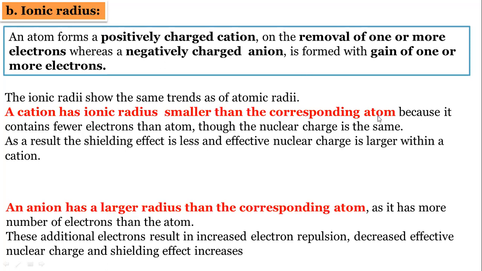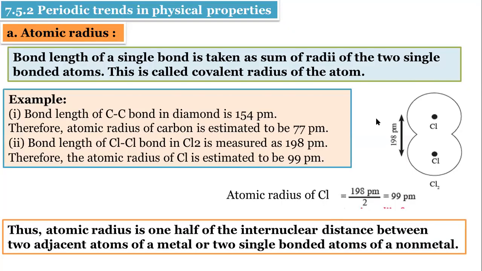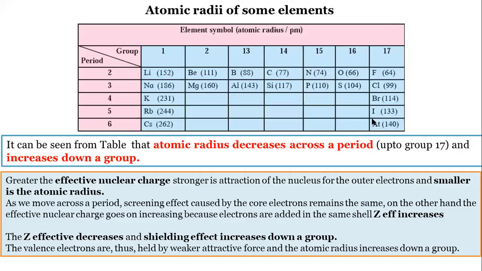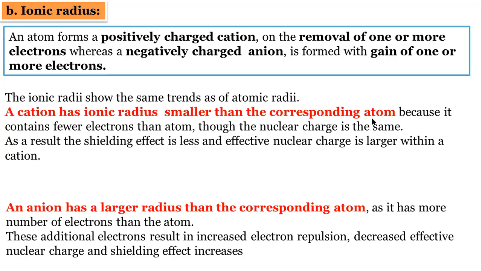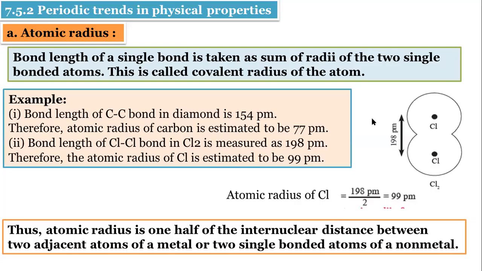So in the last lecture, we discussed the periodic trends. In that, what is meant by atomic radius, what is meant by covalent radius, and what the trends are in a group and in a period: what is happening to the atomic size from top to bottom in a group and left to right in a period. Atomic size always increases from top to bottom, remember, because electrons are added in a new shell.